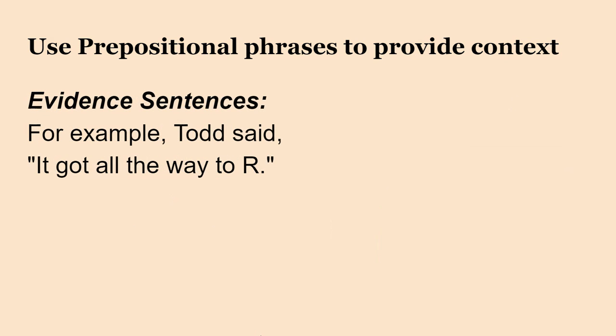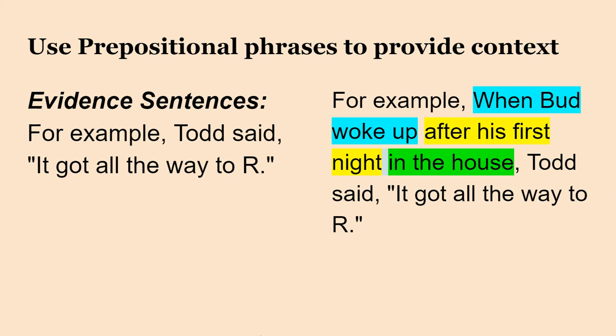In our evidence sentences, we can do the same thing. Here we have an evidence sentence that says, for example, Todd said, it got all the way to R. Wow. If you remember that scene, that was kind of messed up, Todd just stuck a pencil up Bud's nose. Very not nice. If we want to add a little bit more context, though, we could say, for example, when Bud woke up, after his first night, in the house.